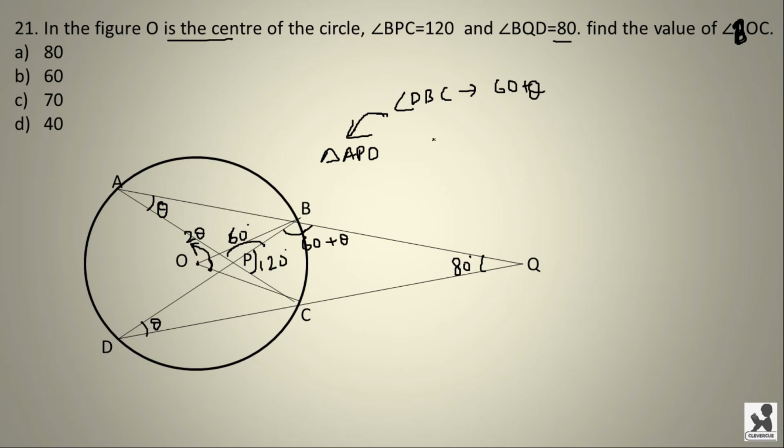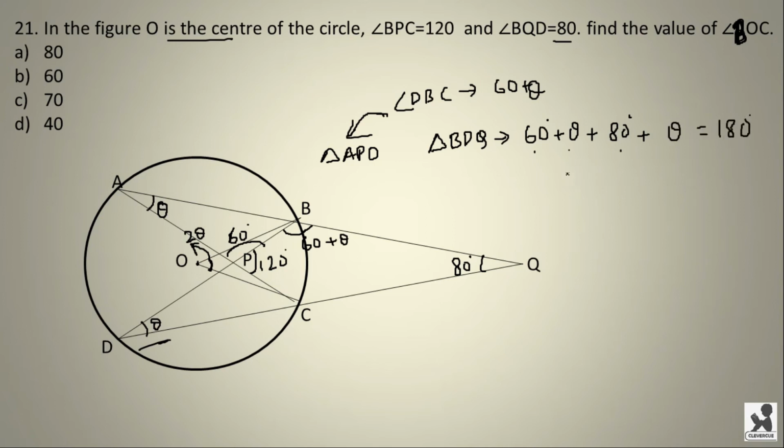And now if we consider triangle BDQ, we can find the angle theta. In the triangle BDQ, 60 plus theta plus 80 degrees, plus again angle D, that is again theta, is equal to 180 degrees.